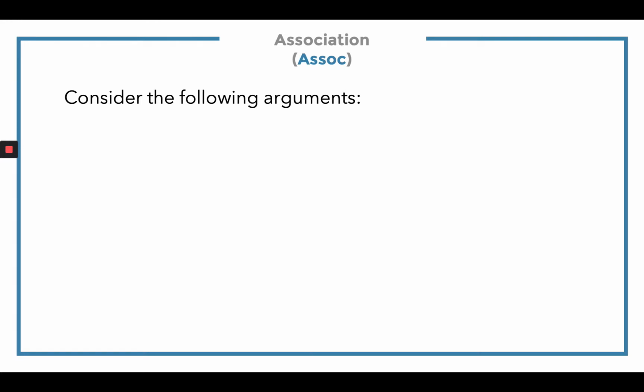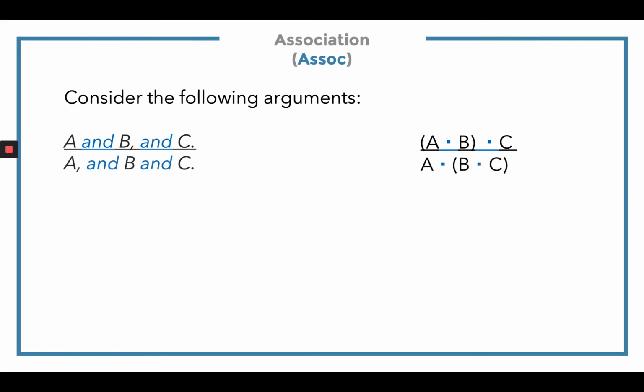We're going to move on to association. So with association, we're just moving parentheses when we have the same connective, and it's an and or it's an or. So if I know A and B and C, then I know A and B and C. So when I've got this and, it doesn't matter exactly where the parentheses go.